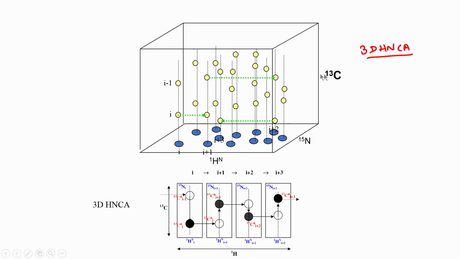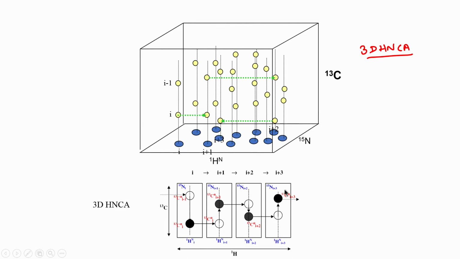So this is one problem with using HNCA only, and HNCA and HNCOCA of course, that we do not get the amino acid type information. We do not come to know which amino acid is which peak, because we just start from some I, we assume some C alpha peak, but C alpha has no information of what amino acid it is.